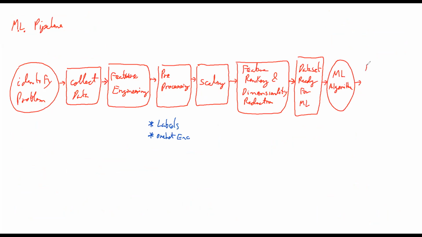So labels for classes, and this in particular for supervised learning. But supervised learning, once you understand supervised learning, a lot of the boxes in the pipeline apply to the other areas.